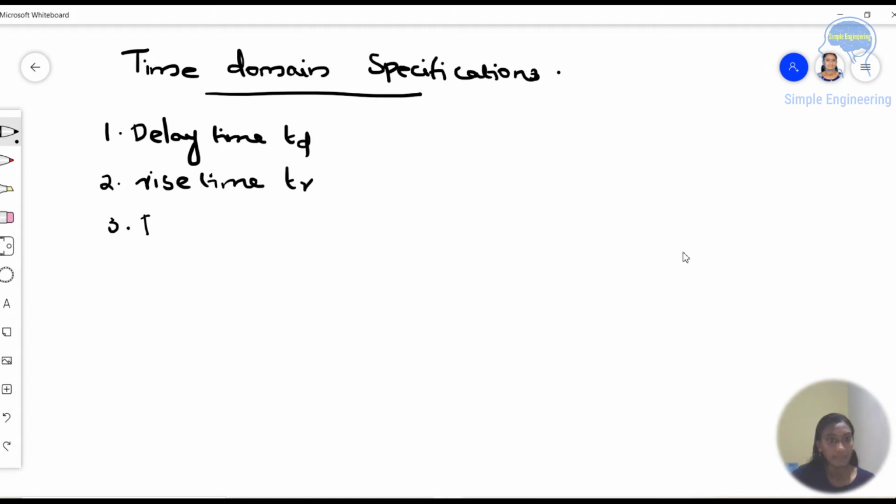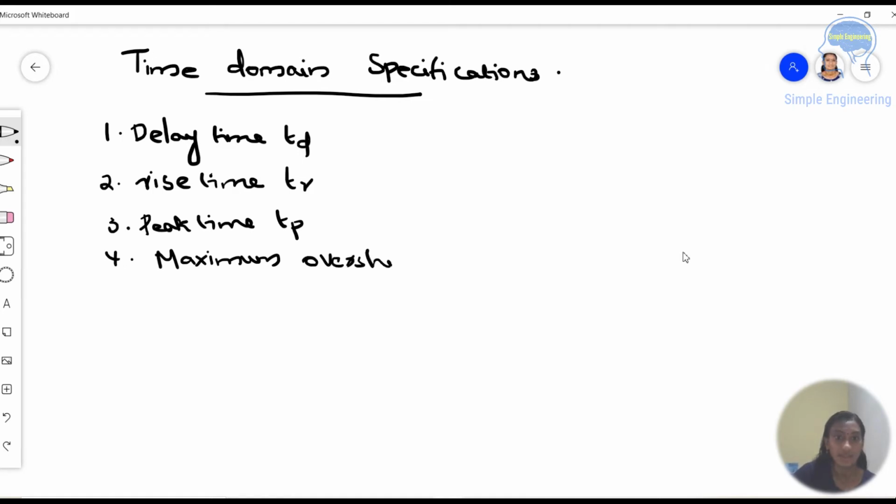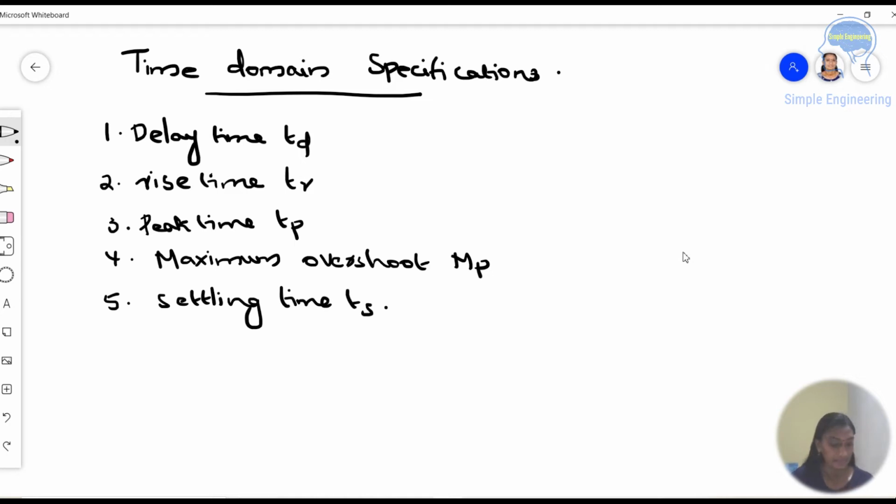Then peak time, which is denoted as TP. And maximum overshoot, which is denoted as MP. And the last one is settling time, which is denoted as TS.